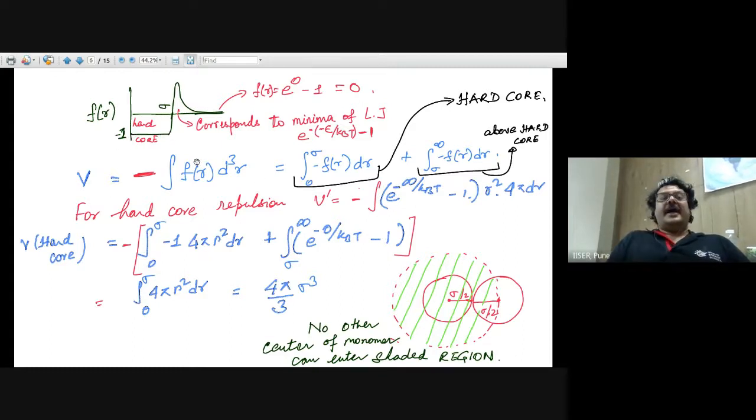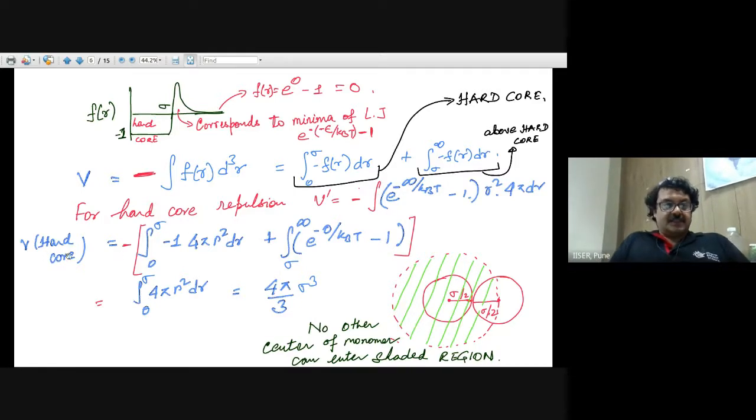So there are two contributions to the excluded volume: one is the hardcore repulsion part, and the other is from sigma to infinity, the interaction above the hardcore. Before we discuss the contribution above the hardcore, let's discuss the value of the excluded volume for only the hardcore, where you have only this and 0 after that.